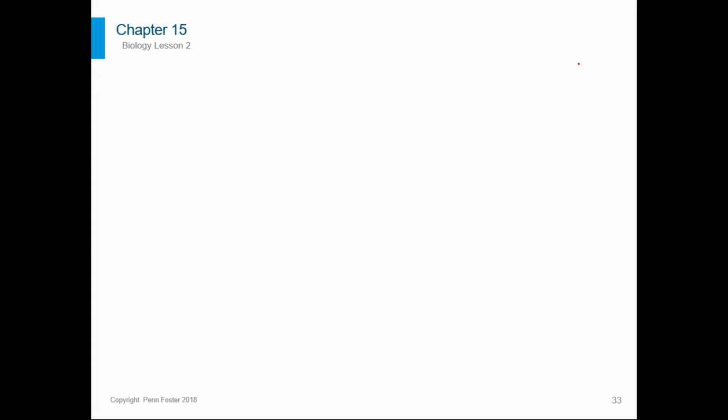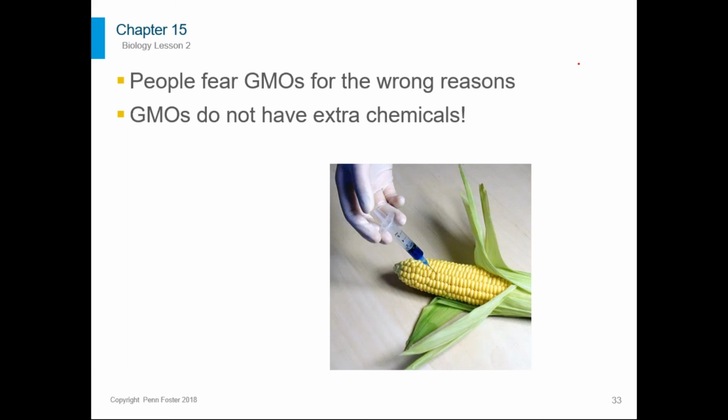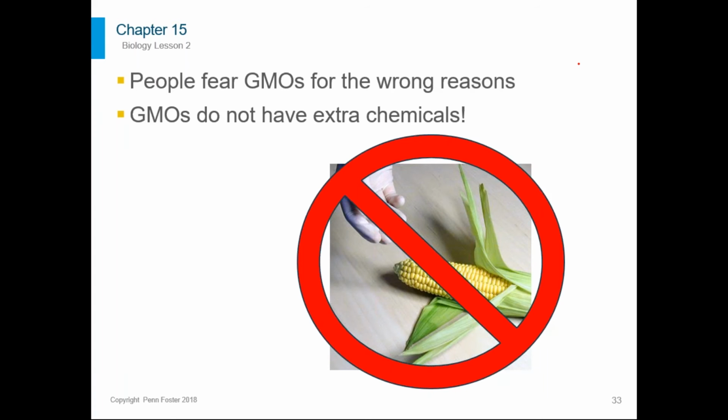One thing we hear in the news a lot about is chemical additives in other foods, things that turn out to be harmful. Like, oh, we've been putting these chemicals in our foods and everyone thought it was safe, and now 10 years later there's a study showing it's not safe and everybody panics. I just want to be very clear that that's not happening with GMOs. They don't put extra chemicals into them.